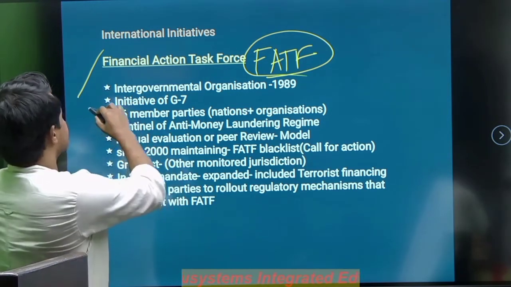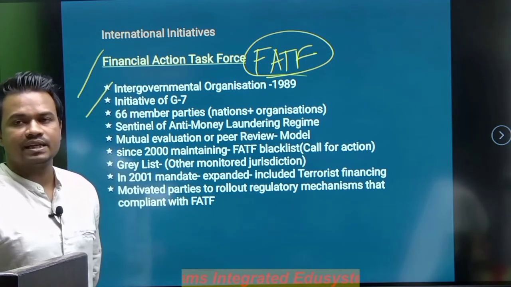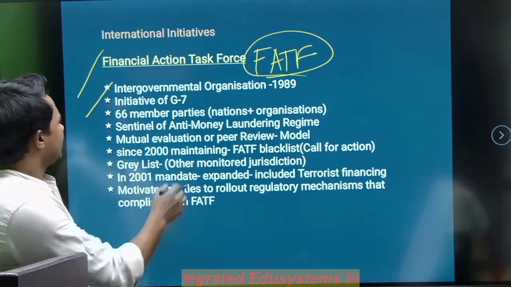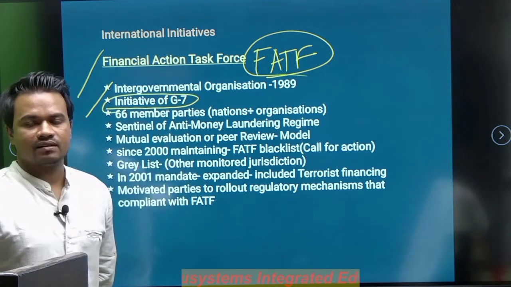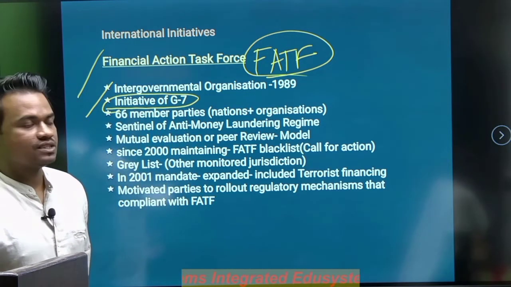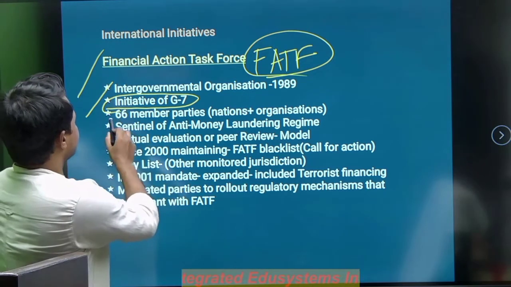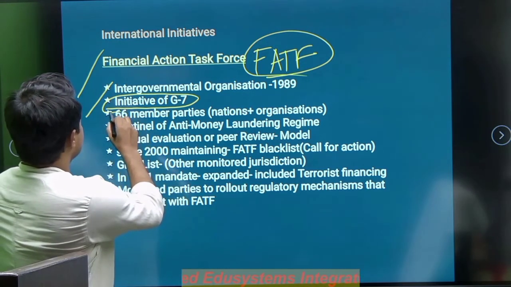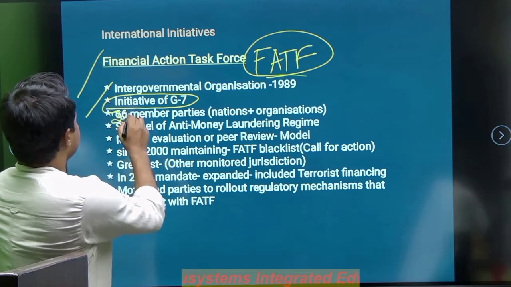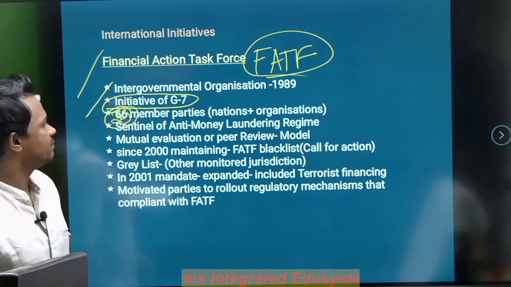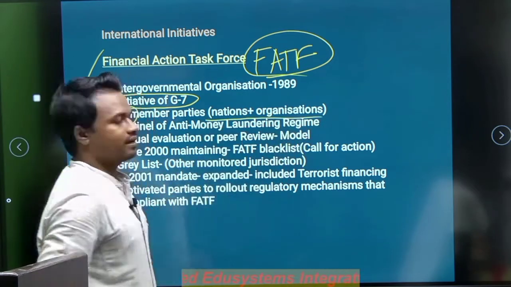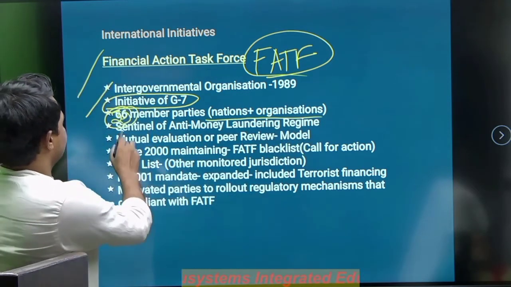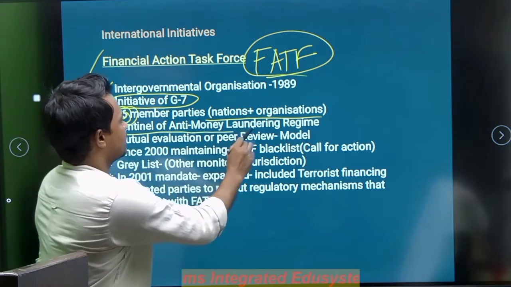This is an intergovernmental organization that began in 1989, and that was at that time an initiative of the G7, the group of 7, particularly the developed countries. And today there are about 39 members, not 66, 39 members, nations and organizations, and it is the sentinel of the anti-money laundering regime.